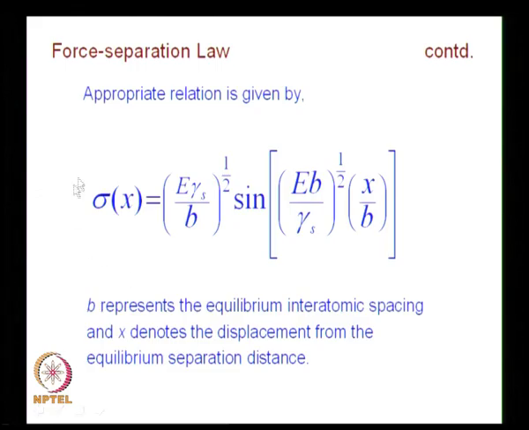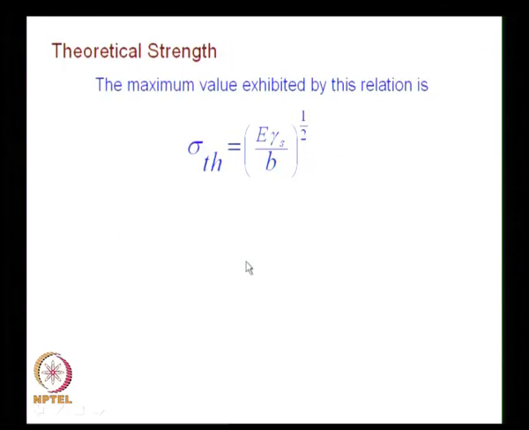So, now we have an approximate relation which gives you the force necessary for separation, and what is the maximum value is given by this. So, the maximum value is nothing but the theoretical strength. The theoretical strength is given as (E gamma s divided by b) whole power half.